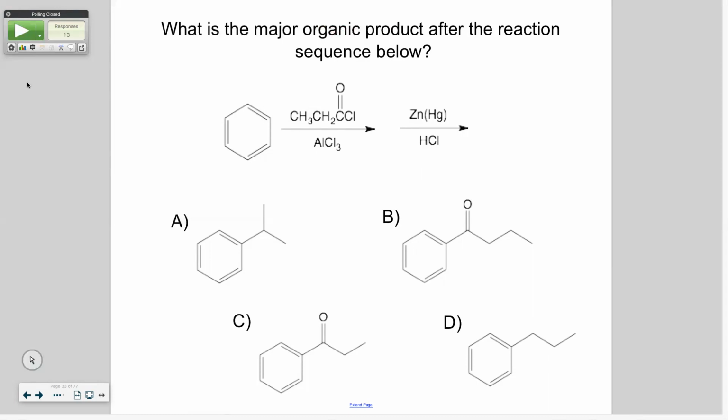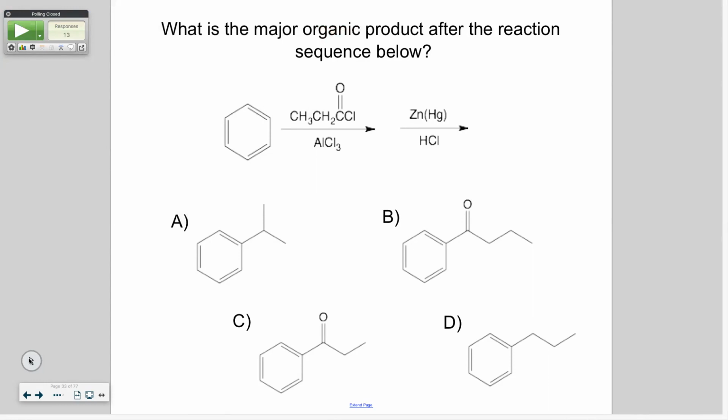Clemmensen reduction. Okay, what does it mean to reduce? Add. And what the Clemmensen and the Wolff-Kishner do is they reduce this carbonyl all the way down to a CH2.